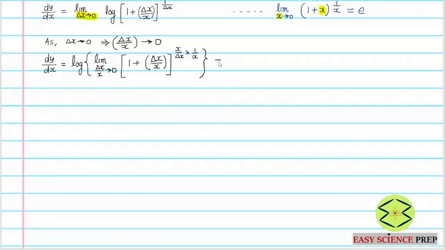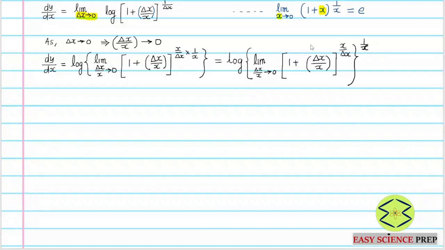So log will be as it is, and I'm going to write the remaining part here: limit delta x by x tends to 0, inside (1 plus delta x by x) raised to x by delta x, raised to 1 by x. That raised to 1 by x part I've just kept outside the whole bracket, so that the situation becomes quite predictable.